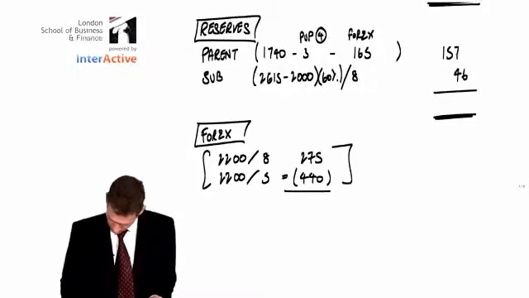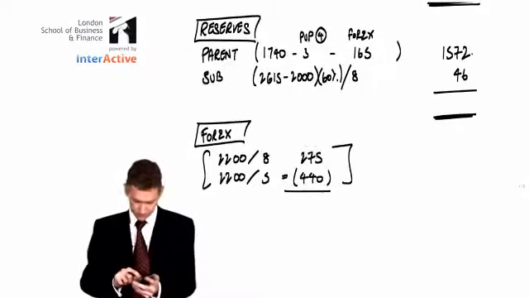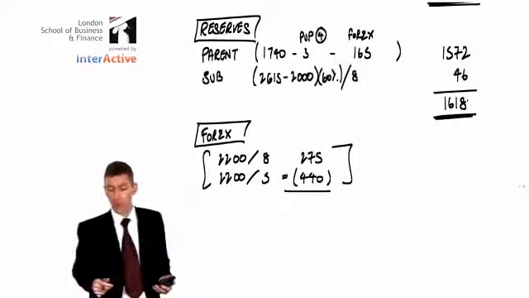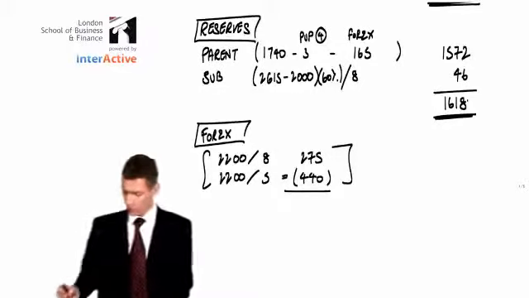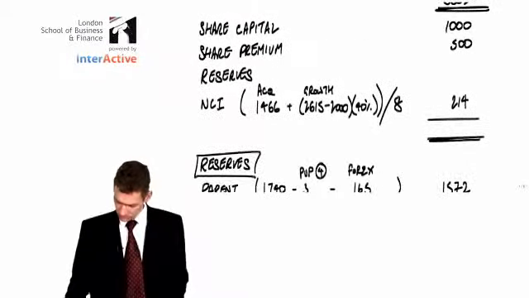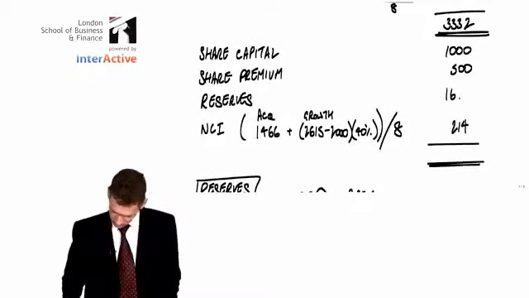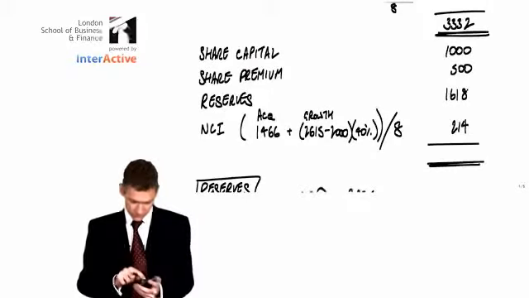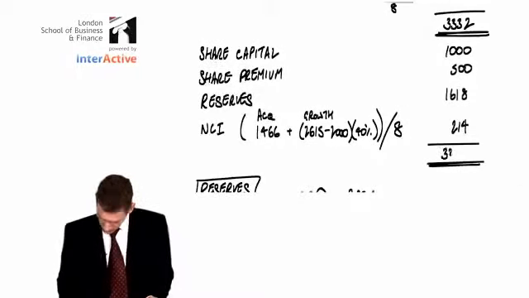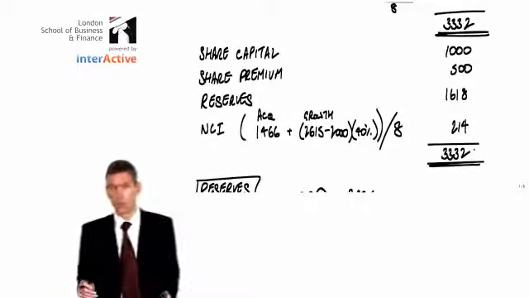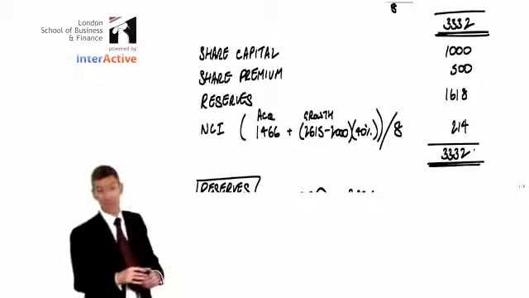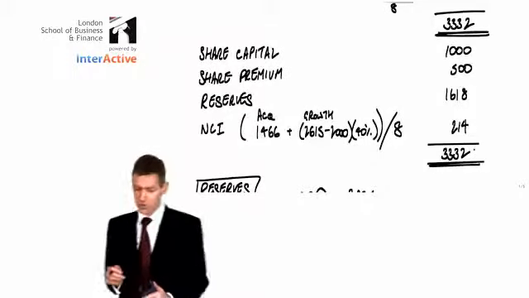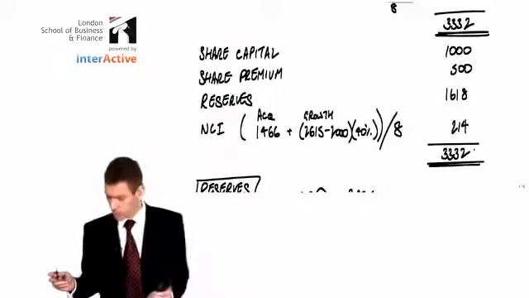$1,572. $1,618. So we've got 1,618. I'm going to slap that onto the balance sheet and keep my fingers crossed. $3,332. Amazing. It balances. What's the chances of that happening in the exam? Absolute zero. But I'm not going to get too cocky because it's time to do the income statement now. So fresh new brand new page, I would imagine.